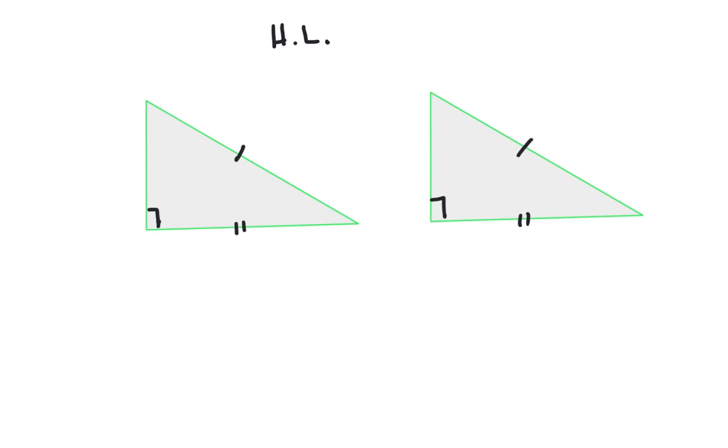Any situation where we know that the hypotenuses of my two triangles are congruent, and then we also know that we have a pair of legs that are congruent, that will also prove congruence, but this again is a special case for right triangles only.